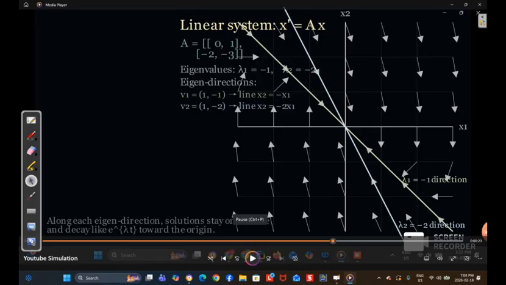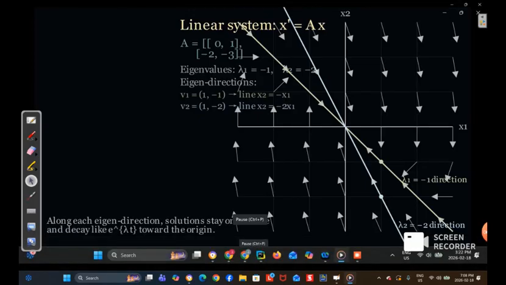As you can see here, there's eigenvalue 1, lambda 1 with eigen direction going upwards towards the origin in those arrows there with the eigenvector. So if the initial condition aligns with V1, the decay is slow and the rate should be -1.